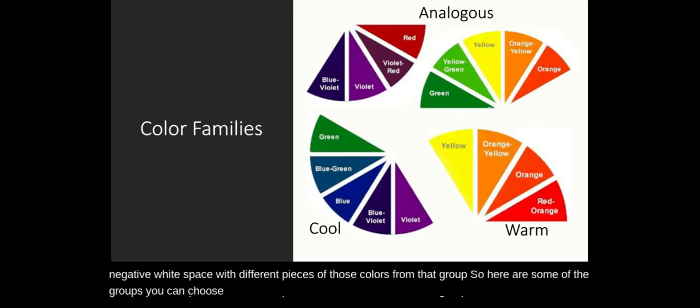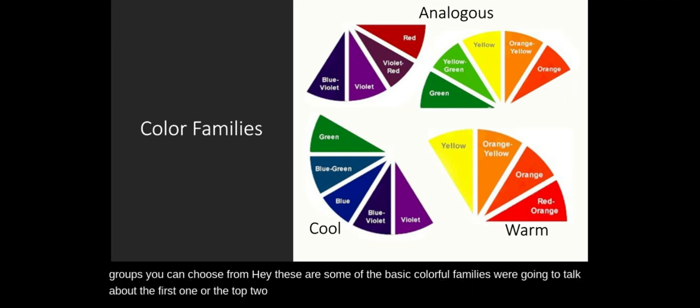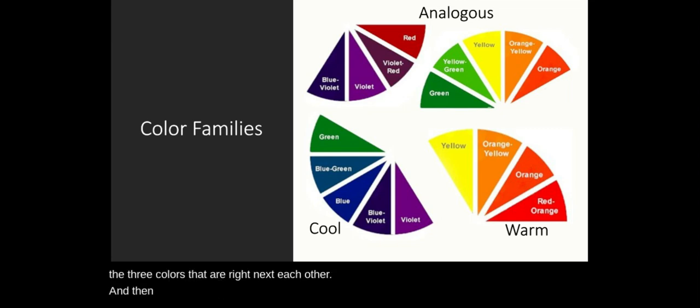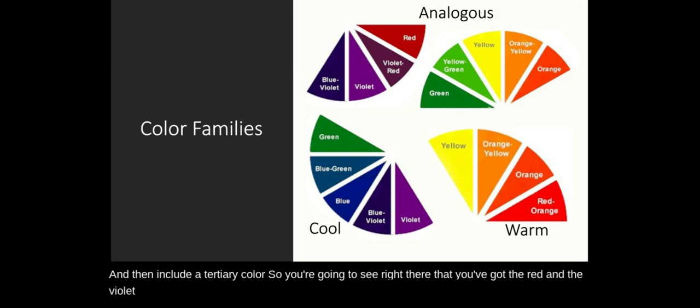Okay, these are some of the basic color families we're going to talk about. The first one are the top two, and those are called analogous. And analogous color schemes use the three colors that are right next to each other and then include a tertiary color. So you're going to see right there that you've got the red and the violet red and the violet and the blue violet.